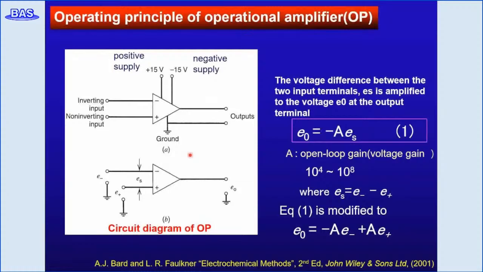The fundamental property of the amplifier is that the output E0 is the inverted, amplified voltage difference ES as shown here, where A is the open loop gain. The open loop gain is effectively infinite, so that the smallest input voltage ES will drive the output to the limit deliverable by the power supply.